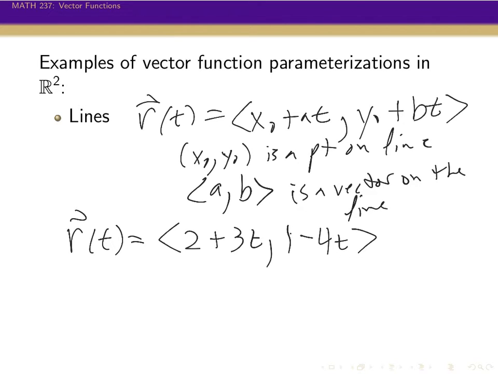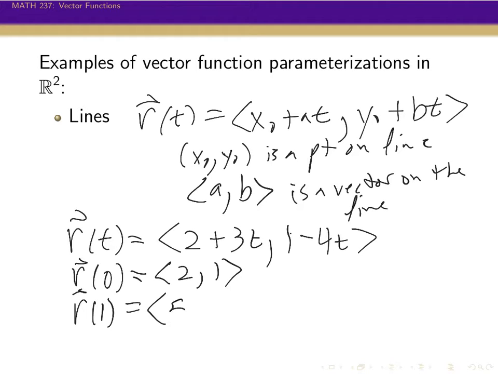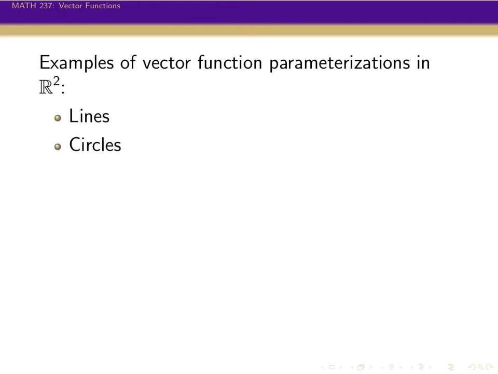If we pick different t values and plug in 0, we get back 2, 1, the point that we started with on the line. If we set t to be 1, we get 2 plus 3 is 5, 1 minus 4 is minus 3, and that's another point on the line. We looked at this in the last video.